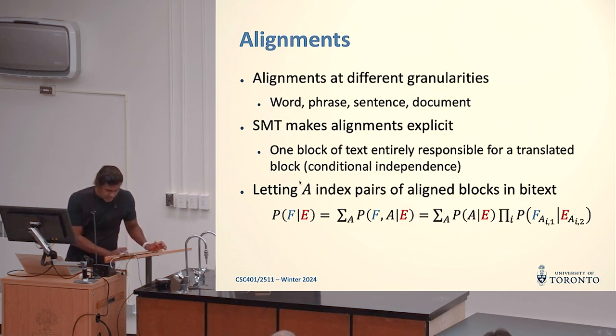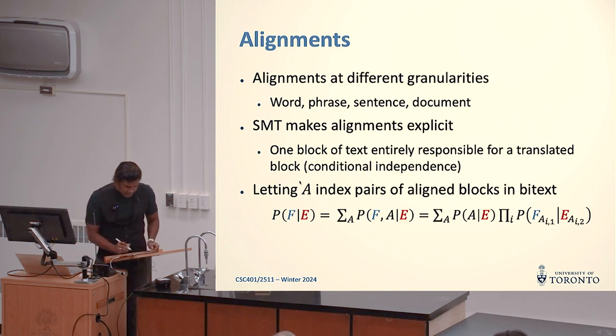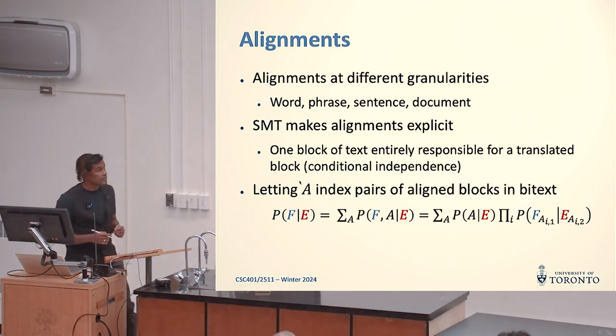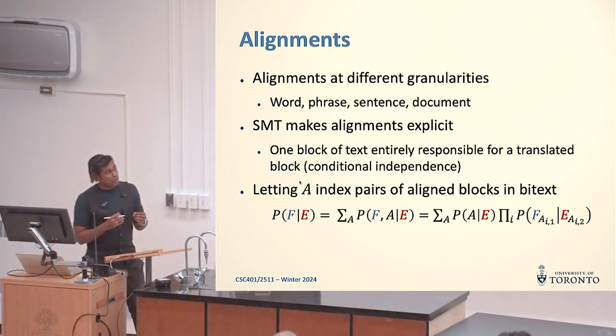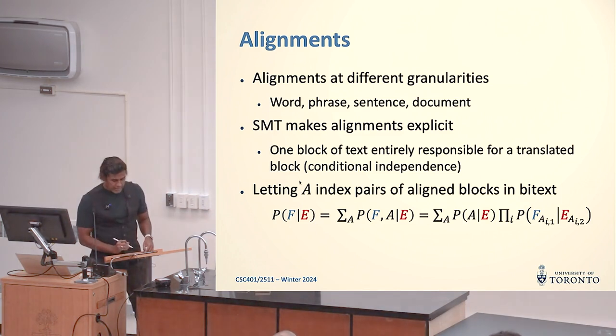For the subsequent conversation, it's very important to understand this bottom equation over here. Basically, in order to do the alignment, we introduce an alignment model, or an alignment variable A, and we sum it out. So we can do this, right?